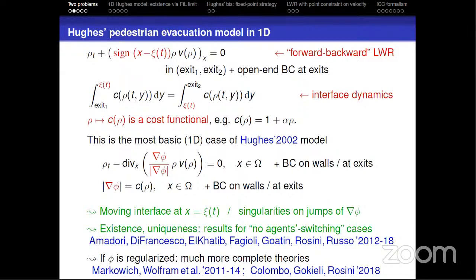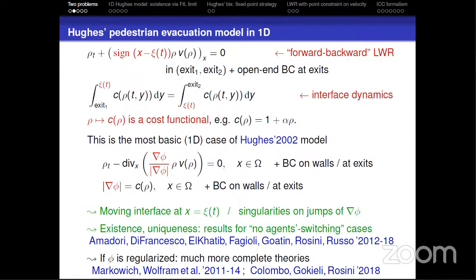So this is somehow a case which does not describe the dynamics which is interesting, and still these results are not easy, and there are many people present here who worked on these questions and paved the way to more general results I will try to present.